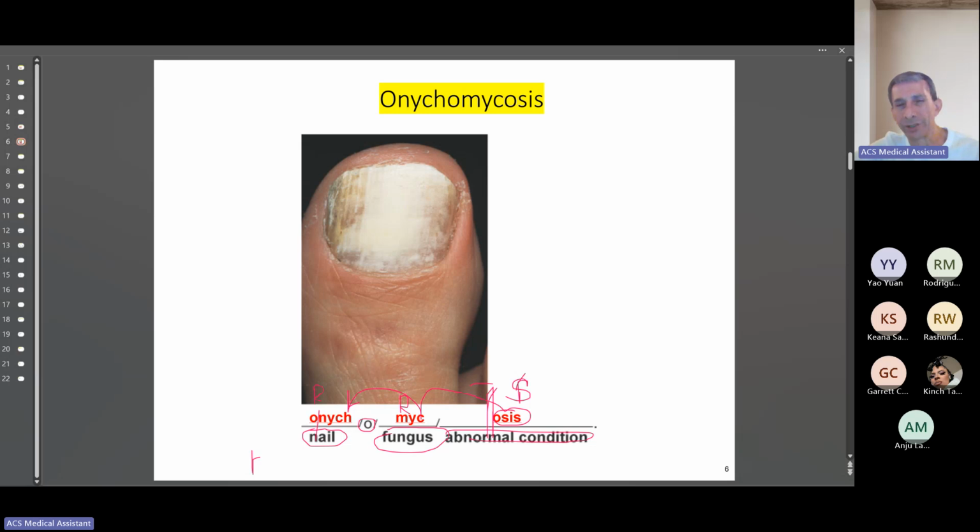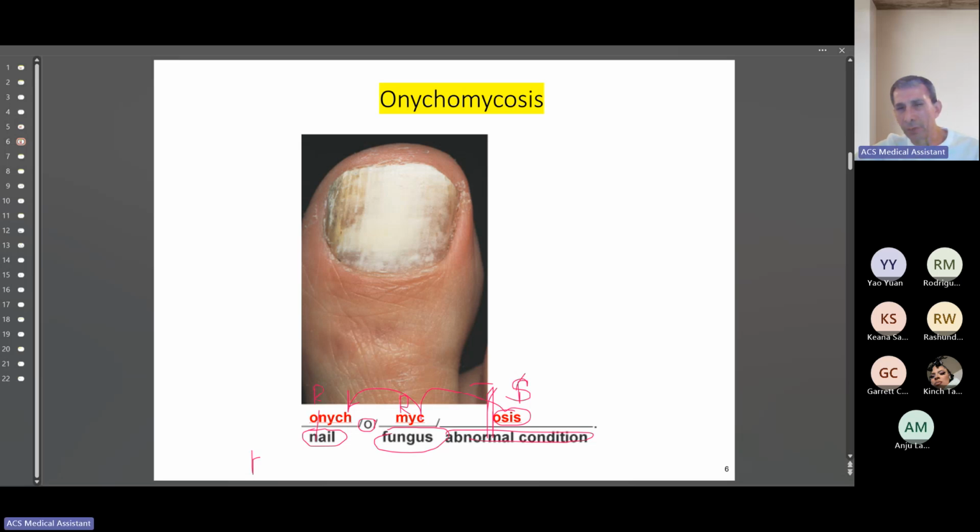I don't even know how to pronounce it. So remember, the combining vowels are used to make sure that we can pronounce. We're going to connect two parts of the medical term that can be pronounced correctly. Other than that, it will be very difficult. Without the O, how can you pronounce that word? It will be really, really difficult.